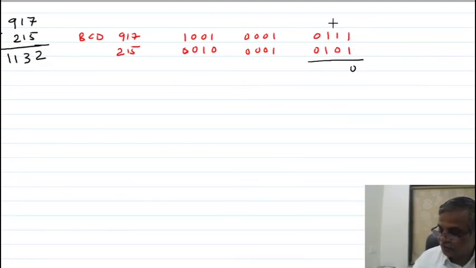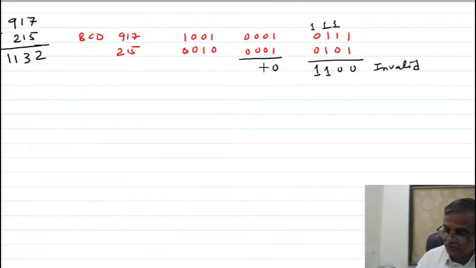This is 0 carries 1, 0 carries 1, 1 plus 1 is 10, 10 plus 1 is 11 carries 1. You can say this is invalid. This is your invalid. This is 0 carries 1, 0, 0, 1, 1, 0, 1.